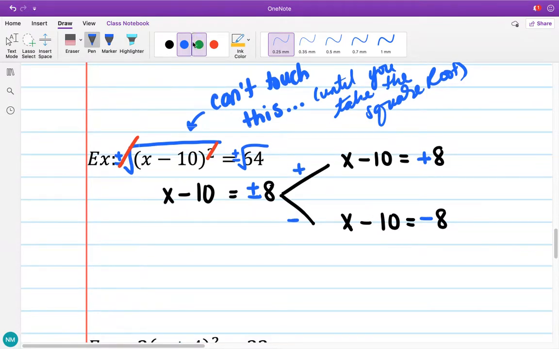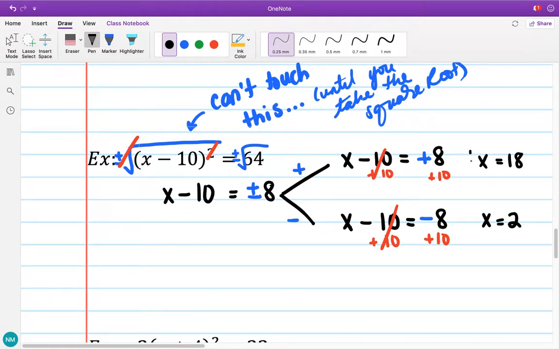And then you just solve, right? I'm going to add 10 on both sides, right? This goes away, and I get x equals 8 plus 10 is 18. And here, if I add 10 on both sides, this goes away, and I get x equals 10 minus 8 is 2. That is one way to go about that.